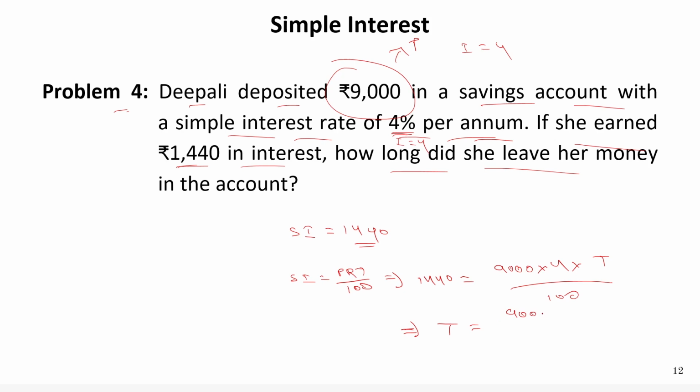So 1440 into 100 by 9000 into 4. Cancelling the zeros out from the numerator and denominator, we are left with 144 by 9 into 4, that is 144 by 36, which is 4 years, right?